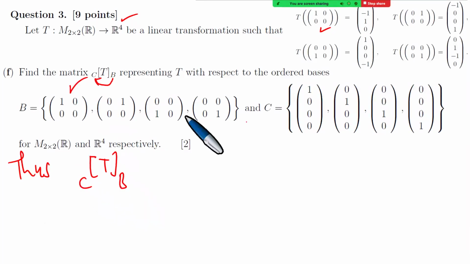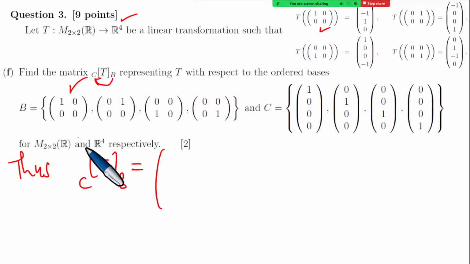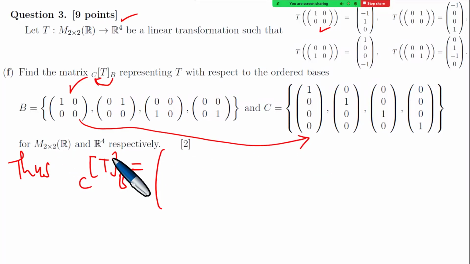If we are mapping B to C, in other words, it means every vector can be written uniquely as a linear combination of those particular images. And if this is true, what would that mean?